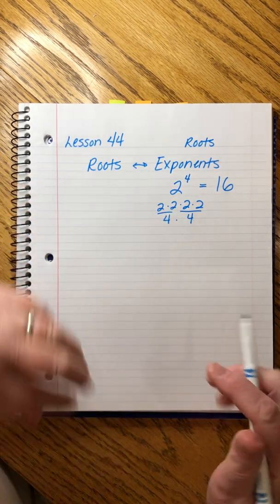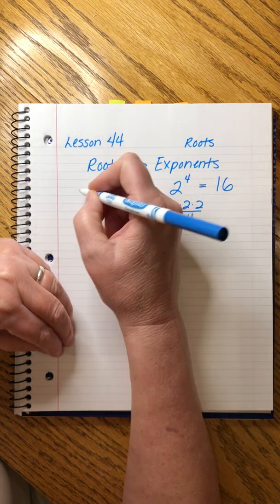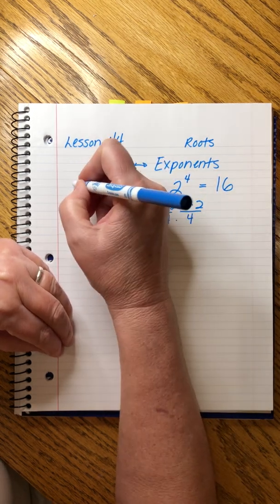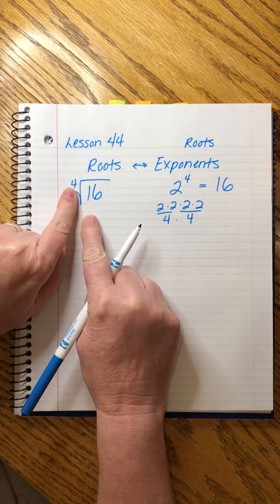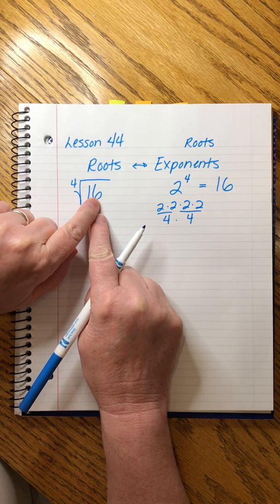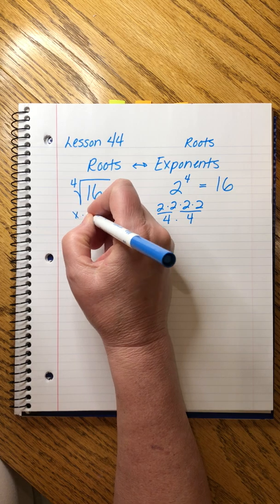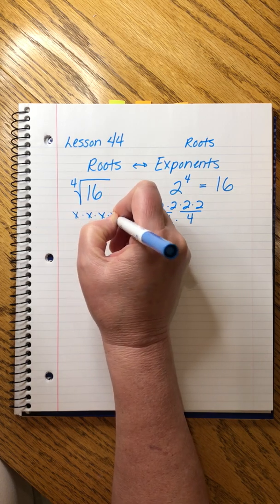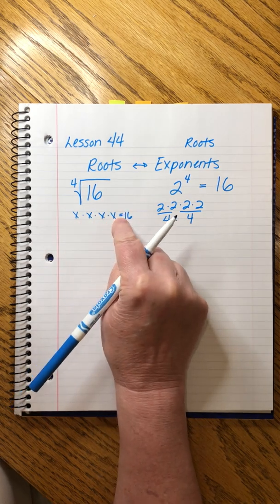Roots are the opposite. Roots happen when we say, okay, we've got the number 16, and we want to find the number that multiplied by itself 4 times will give us 16. So we're saying some number times itself 4 times is going to equal 16, and we want to know what that number is.